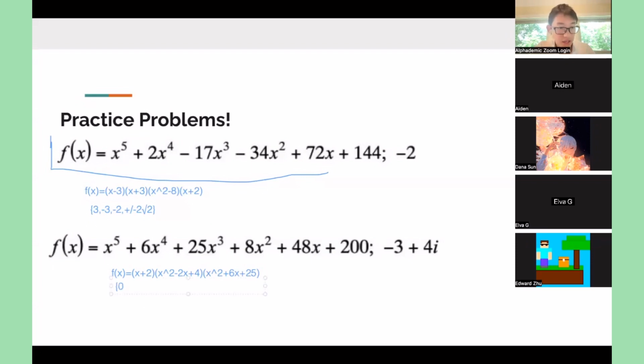For the first one, you would get -2, and then you would get 1 ± i√3, and then you would get -3 ± 4i, and that would be your final answer.